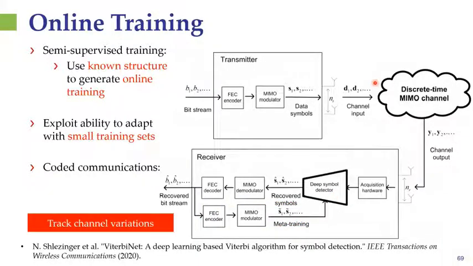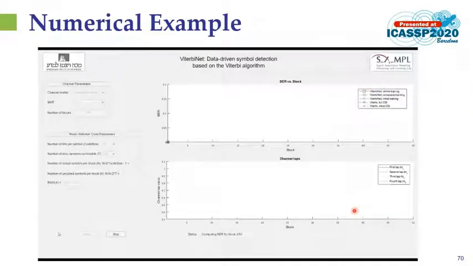Consequently, we are now able to track channel variations online by utilizing data combined with our prior knowledge of the inherent structure induced by error correction code to train our deep symbol detector to track channel variations online without having to provide additional artificial training. Now we will show a numerical example demonstrating how this works.